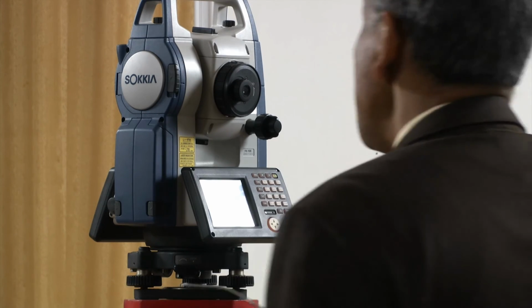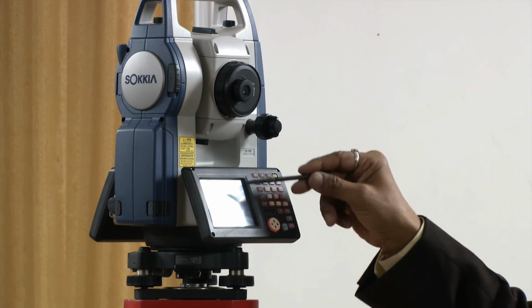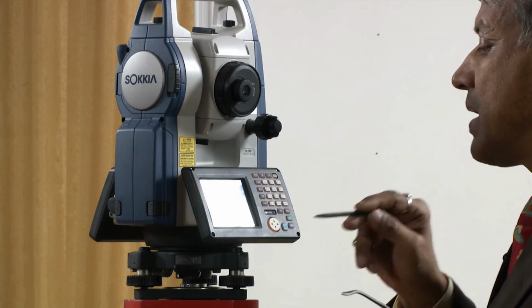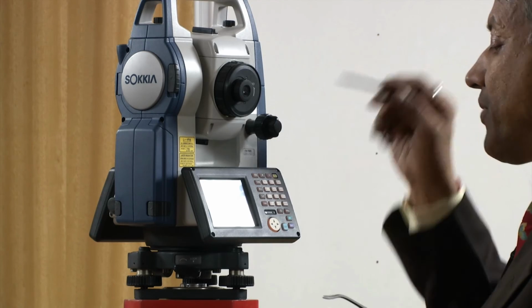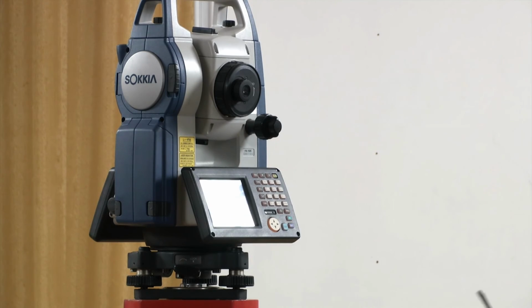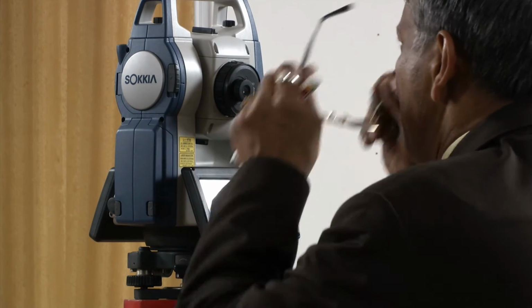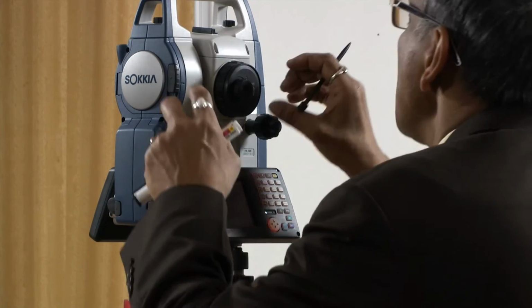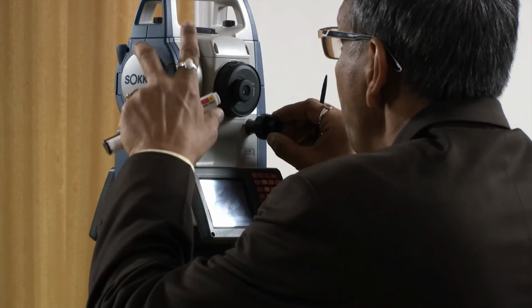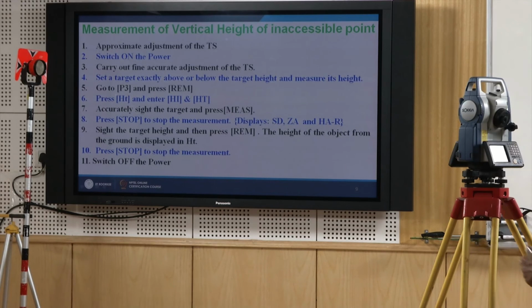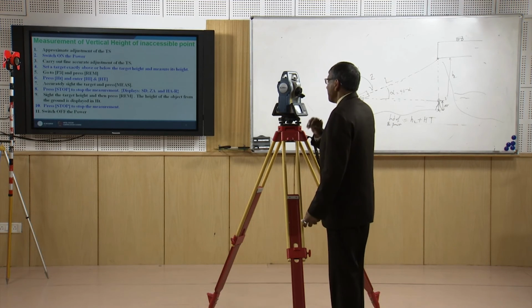Now you see here that the total station has measured the slope distance as well as the zenith angle and the horizontal angle. After this I will bisect the telescope to the roof corner. Now I will go for REM.